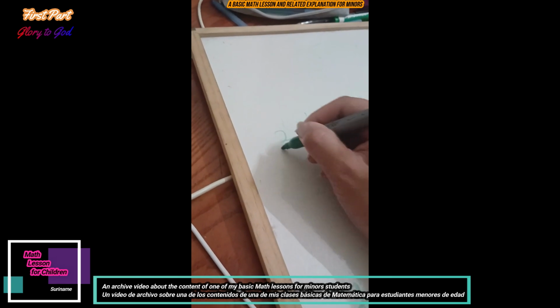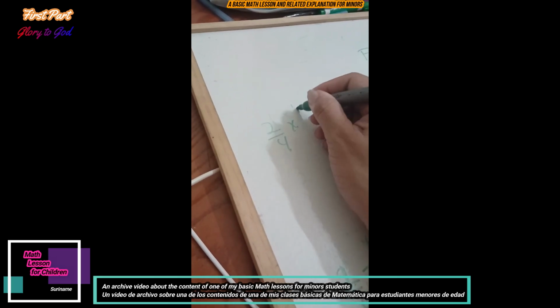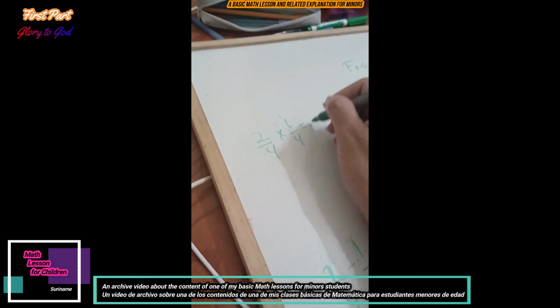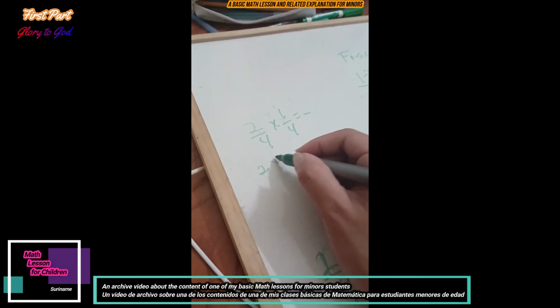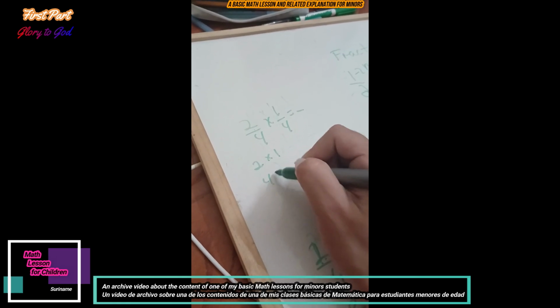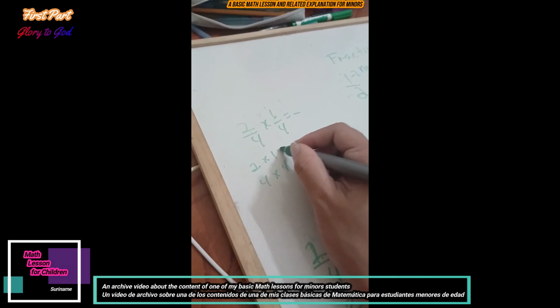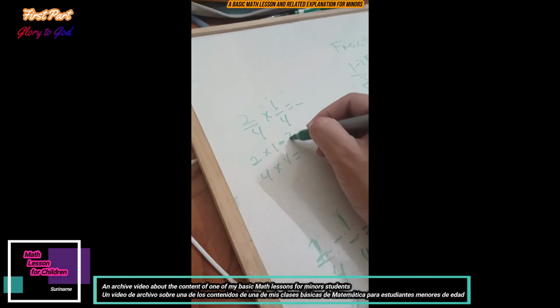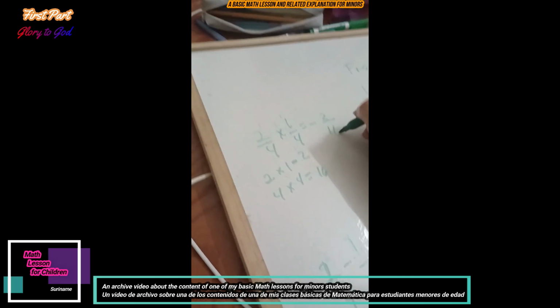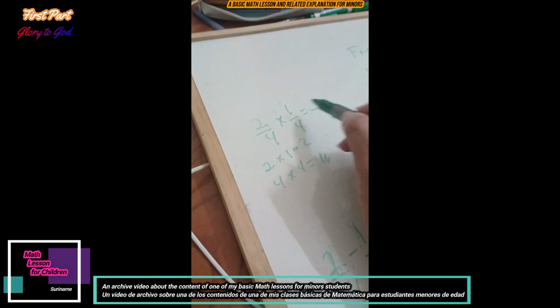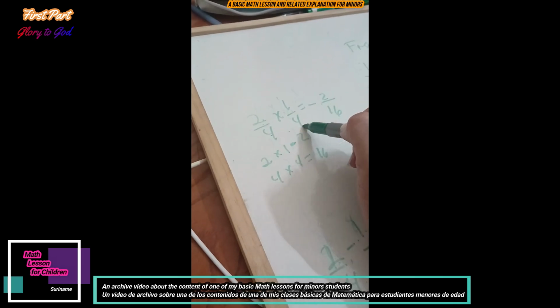Now multiplication is even easier. You have 2/4 multiplied by 1/4. You do 2 times 1 and 4 times 4, and then it's 2/16, and this is your answer. 2 multiplied by 1 is 2, 4 multiplied by 4 is 16.